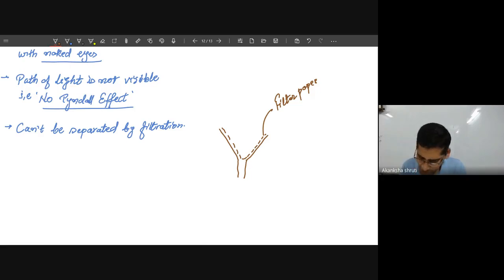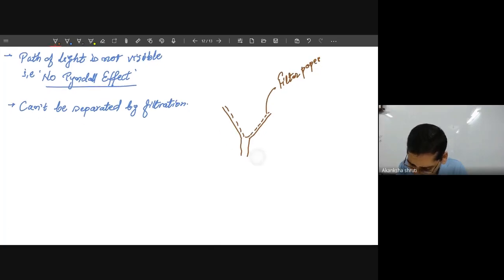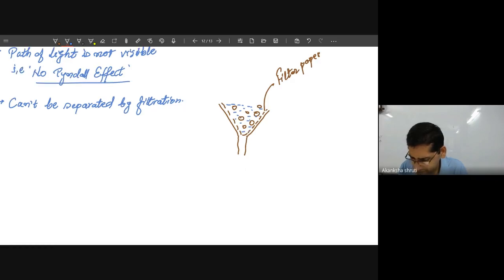Now you are going to put sand and water here. Say sand particles are there. I'm considering this sand and water first for your ease of understanding. Then you can observe in more detail what filtration is, we will learn later.